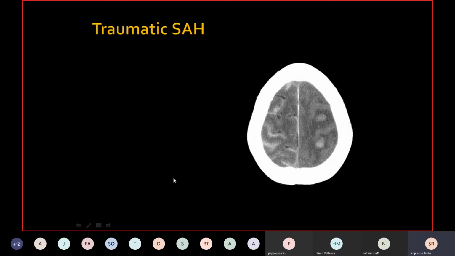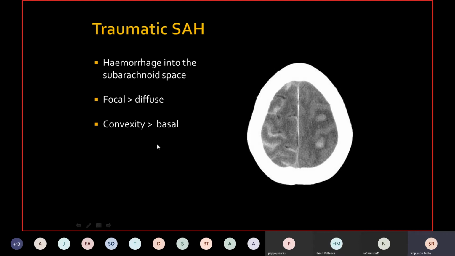Now, the most common cause of subarachnoid hemorrhage is still trauma. But usually, in the context of traumatic subarachnoid hemorrhage, it tends to be focal rather than diffuse, comparing with aneurysmal subarachnoid hemorrhage, which tends to be more diffuse. Traumatic also tends to be more convexity rather than basal.